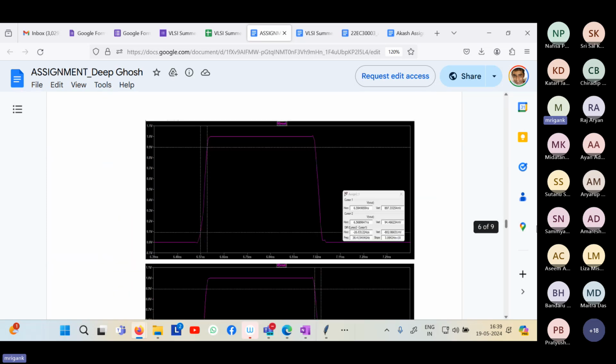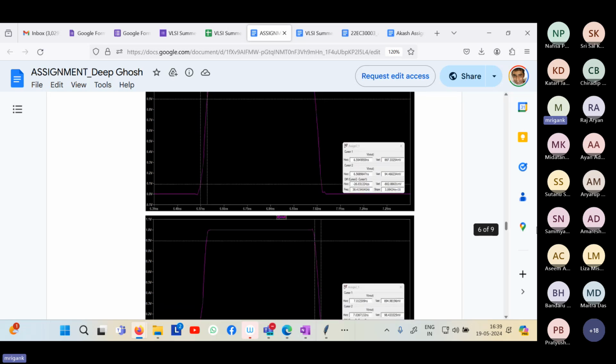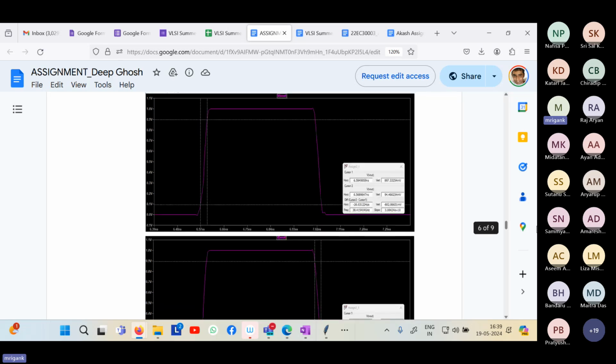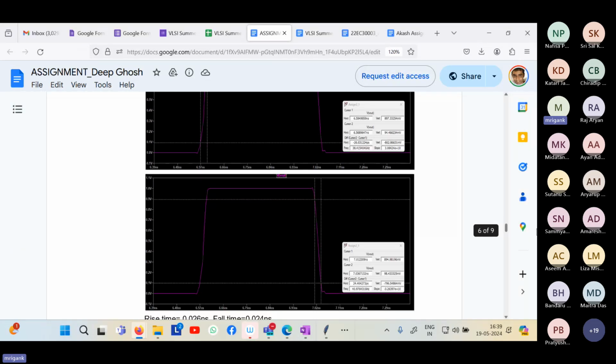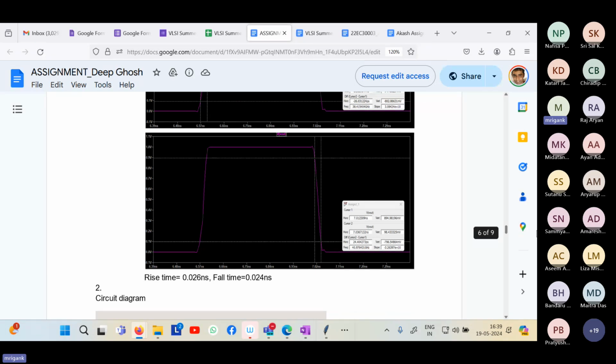So in this case, again, using the same method, you can see how the cursors have been used. Horizontal and vertical cursors have been used. Difference has been taken. And then the calculation has been shown in the window. So in this case, the rise time has once again it is 0.026 only. Fall time is 0.024.